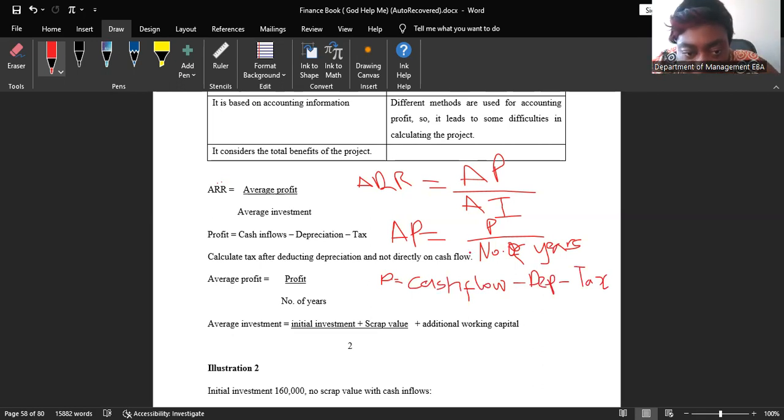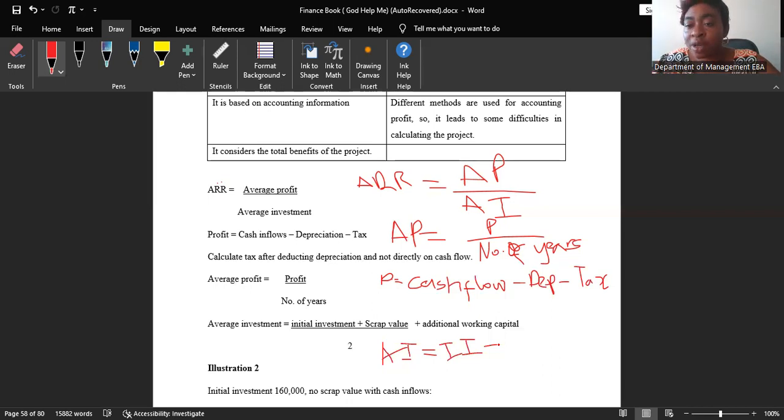How do we get average investment? Average investment is equal to initial investment, minus scrap value, over 2. Scrap value is the amount you generate when the investment comes to an end, when you sell the project.